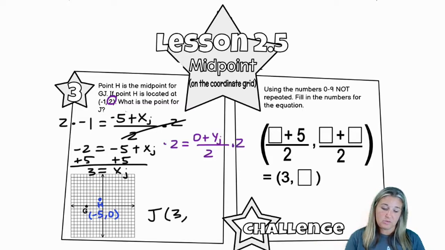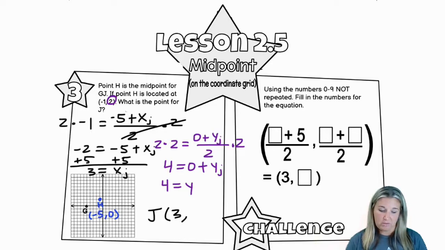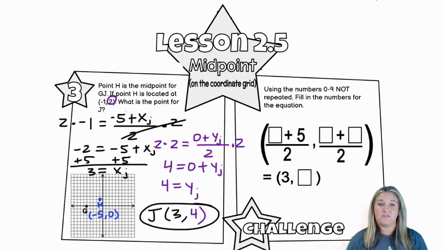We'll multiply by 2 on each side. 4 is equal to 0 plus y sub j, or again, you can drop that at that point. And then 4 is equal to the y coordinate. So therefore, I have 3, comma, 4. And this is the point for J. It's going to be right there. That's how you figure it out algebraically.